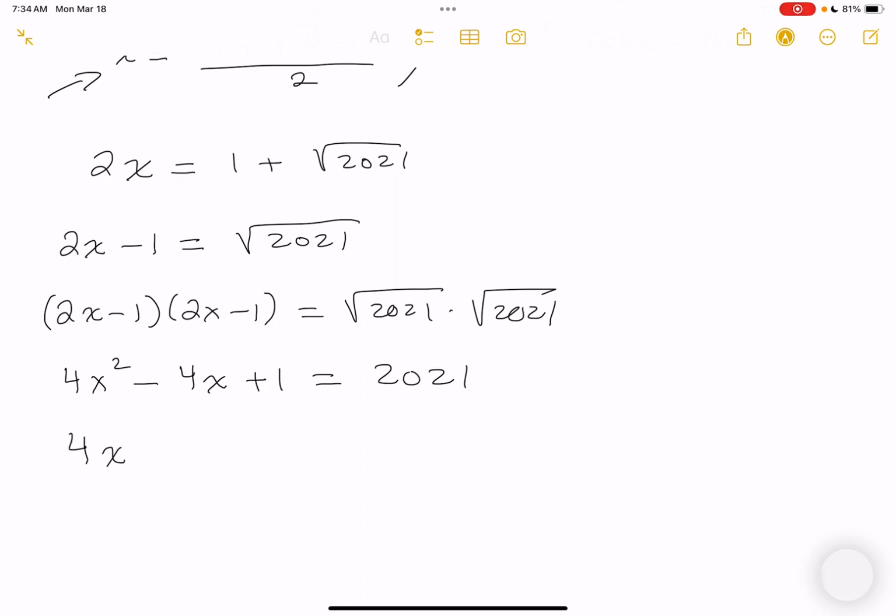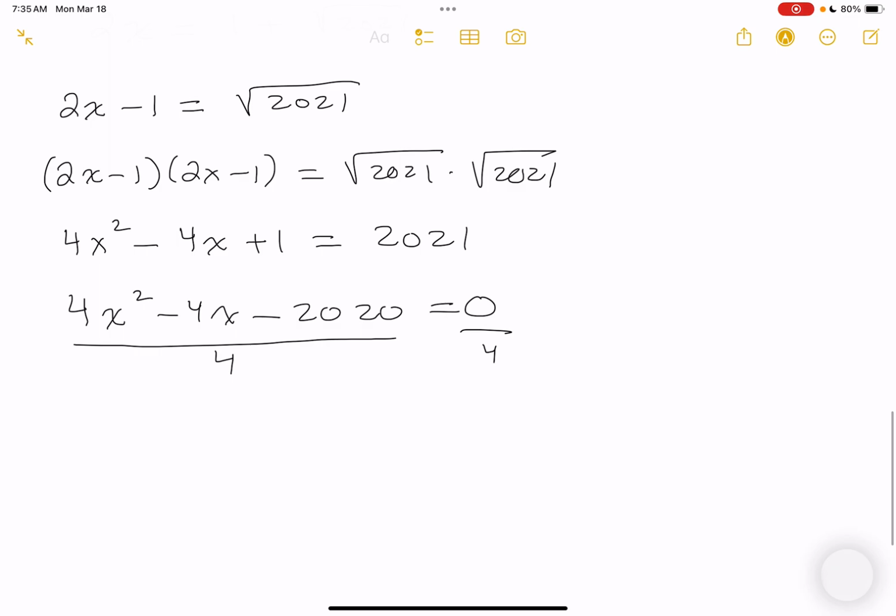Now it's quadratic: 4x squared minus 4x minus 2020 equals 0. Looking at that, it looks like it's definitely divisible by 2. But I suspect this is divisible by 4. It looks pretty easy, right? So 4 goes into this side, and 4 goes into this side over here. And what do you get? You get x squared minus x minus, well, that's going to be 505.